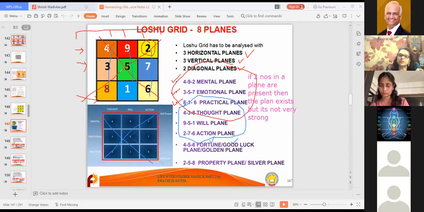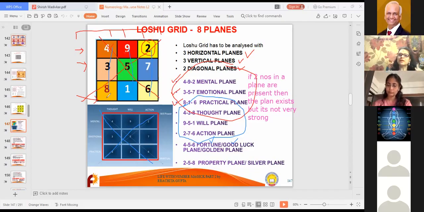Then 258 is known as the property plane. If you remember your last class, for 2, 5 and 8 the element is earth, Prithvi Tattva, for all three numbers. So 2, 5 and 8 together make the property plane. If you have this, you are very lucky as far as acquisition of property and wealth is concerned. With your own efforts or even through ancestral means, you will become the owner of a large amount of property.